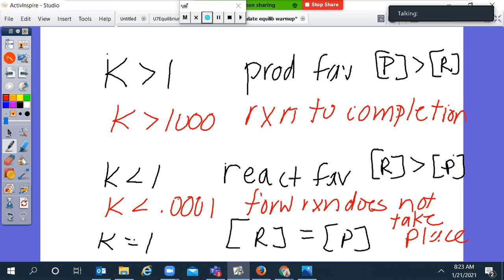I just wanted to point out some magnitude numbers of K so that you could recognize when you shift from equilibrium to the reaction going to completion, or when you shift from equilibrium to the forward reaction not even taking place. I'll give you a minute to write that down, and we'll start with the lesson.